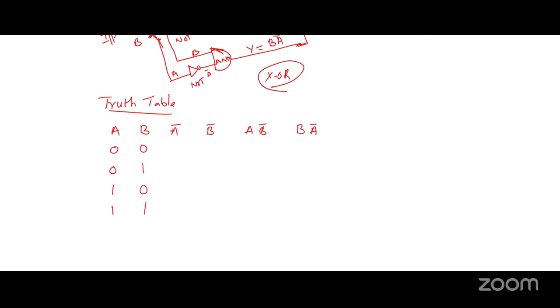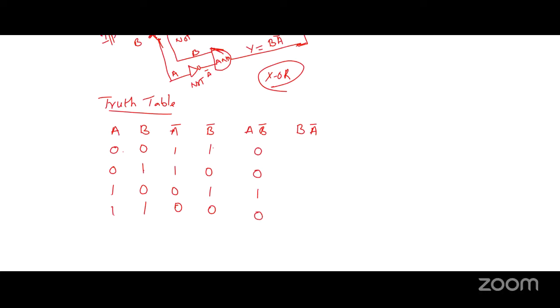A bar. What is A bar? 0 means 1. 1 means 0. AB bar. A into B bar. 0 into 1 is 0. 0 into 0 is 0. 1 into 1 is 1. 1 into 0 is 0.